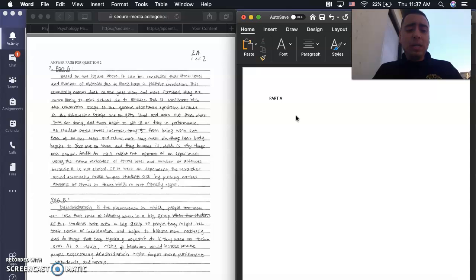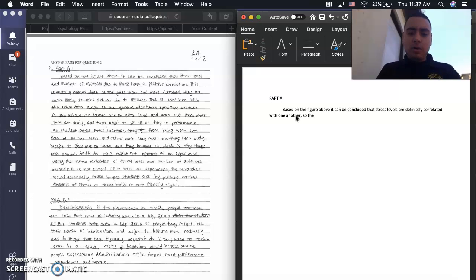So we'll keep it very simple. Based on the figure above, it can be concluded that stress levels are definitely correlated with one another.